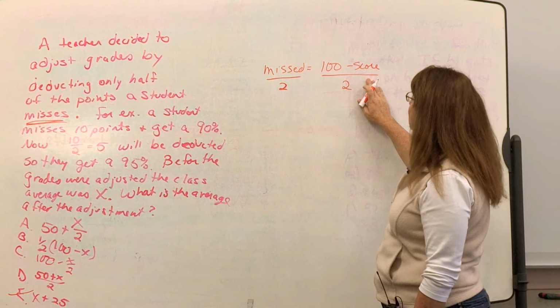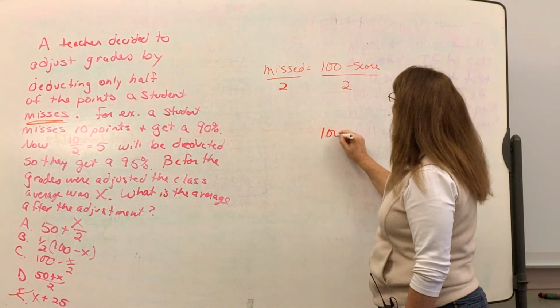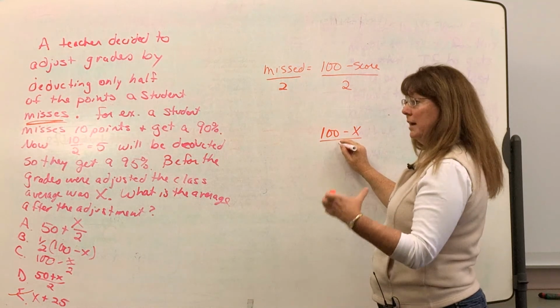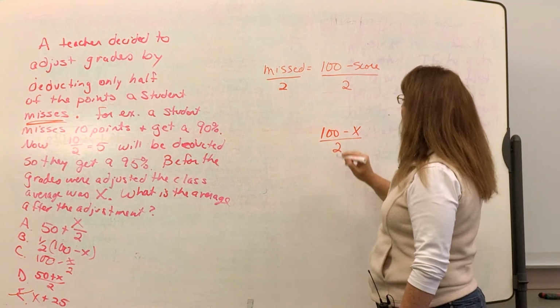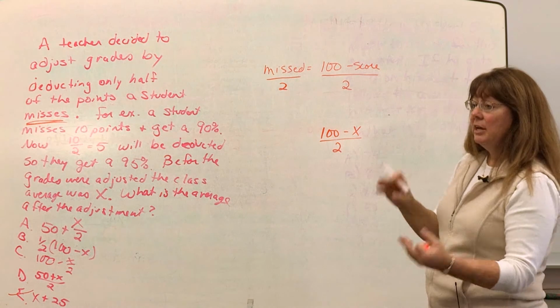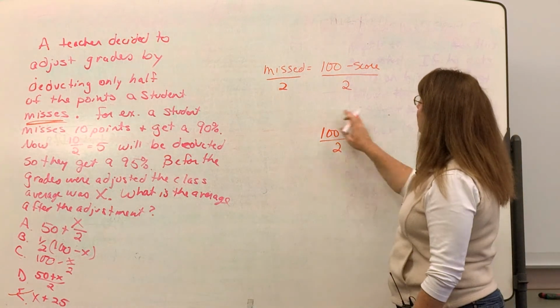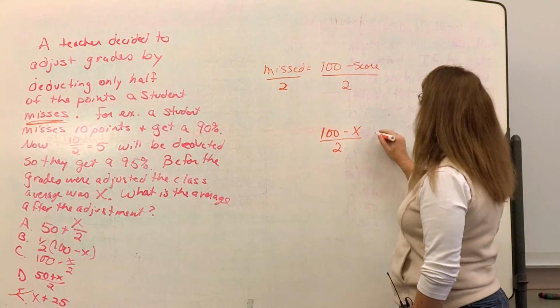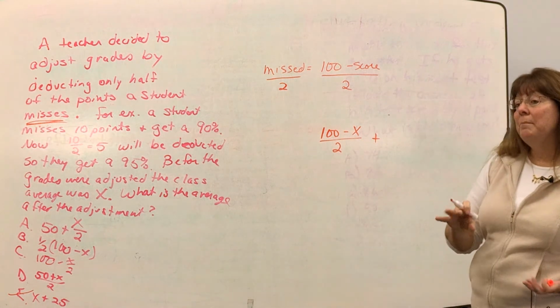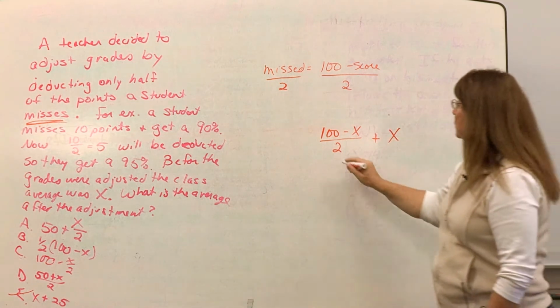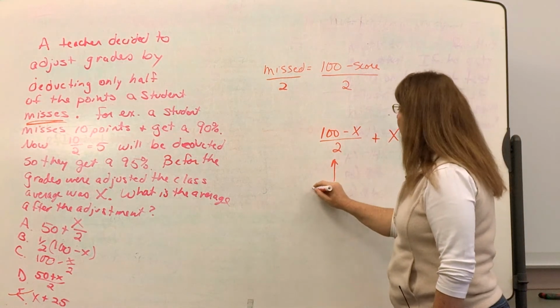I need to take the 100 minus my score, and that's how many points I missed. And she divides those points in half, and she gives half of those back to me. So this is the amount that I get added back on my score. I'm going to add that back in to my average. So this stands for your missed points.